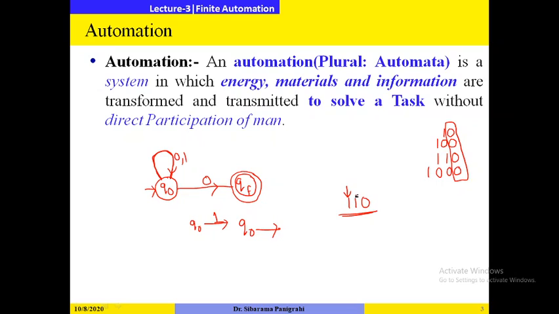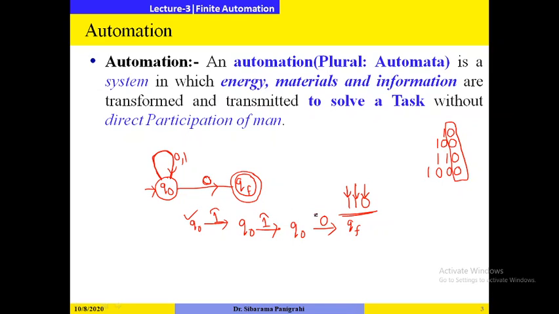Now Q0 again accepts the next 1, so Q0 moves to the next state Q0. Now Q0 will accept the 0. Q0 by taking 0 as input, what is the next state? QF.